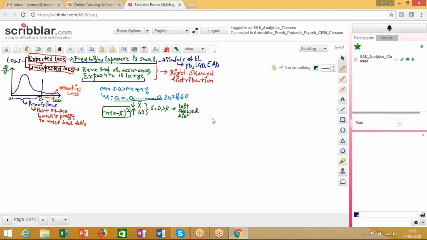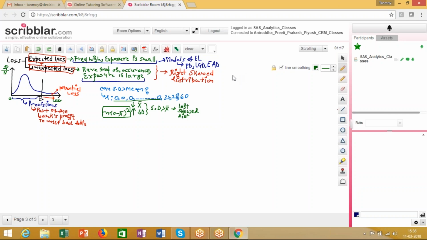Now, over here, I'll just share one example with you, from one of my previous experiences. I was working on one of the provisioning models, one of the regulatory models, FAS 5, for financial accounting standards.